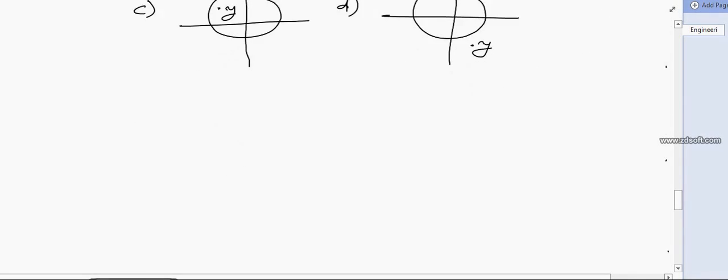This is a very nice question, and let us see how we can proceed.